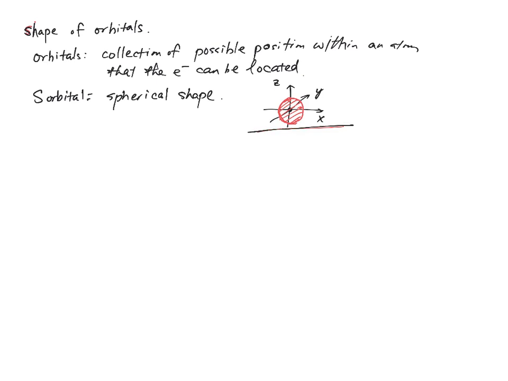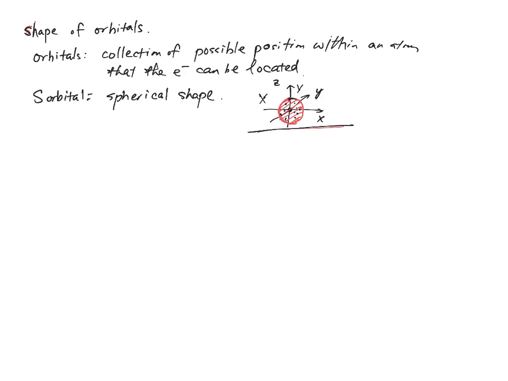You're going to see that the electron could be here, it could be here, it could be all over the place. But what you won't see is your electron being there, or being here. Your electrons in that s orbital are all within this region.